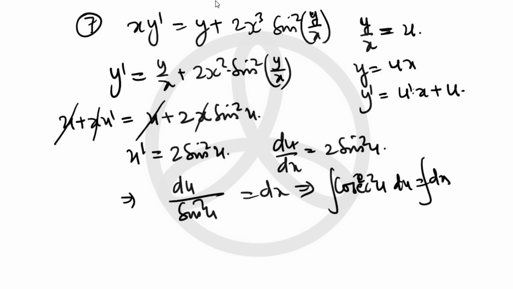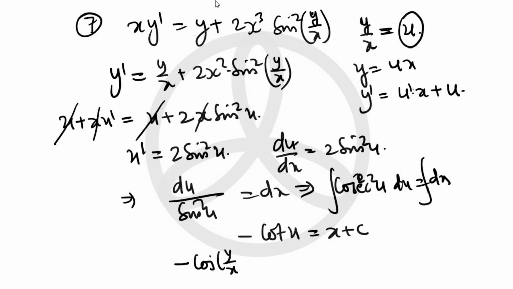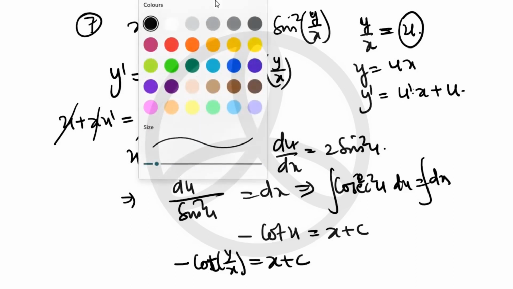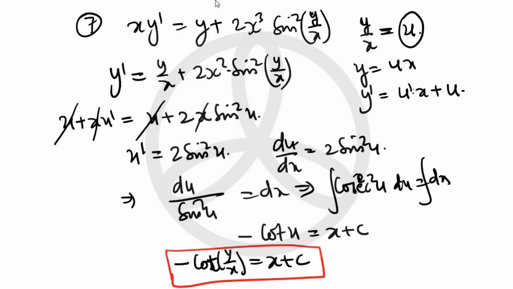The moment we integrate cosec square u, we get minus cot u, and here we get x plus a constant of integration c, and we had earlier assumed u is equal to y/x. That we will replace here to get minus cot of y/x is equal to x plus c. This is the solution for the given problem, okay.